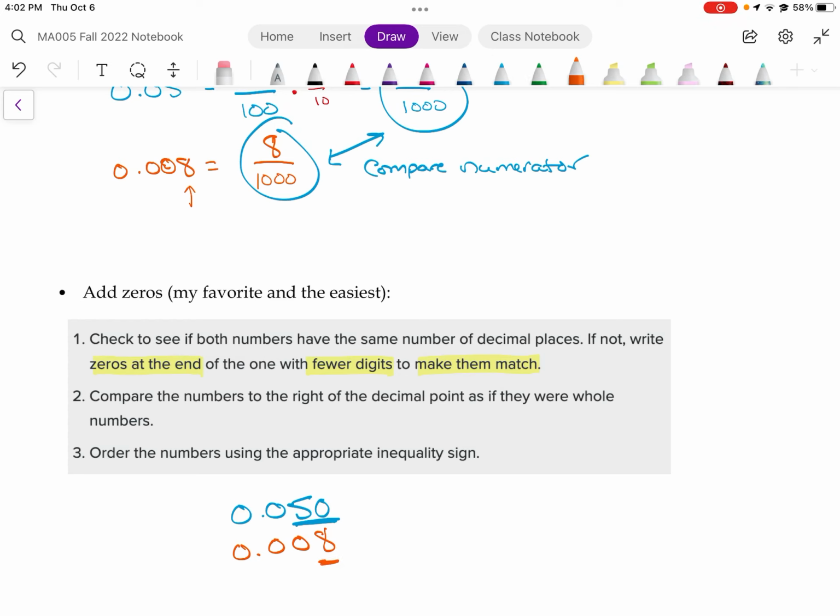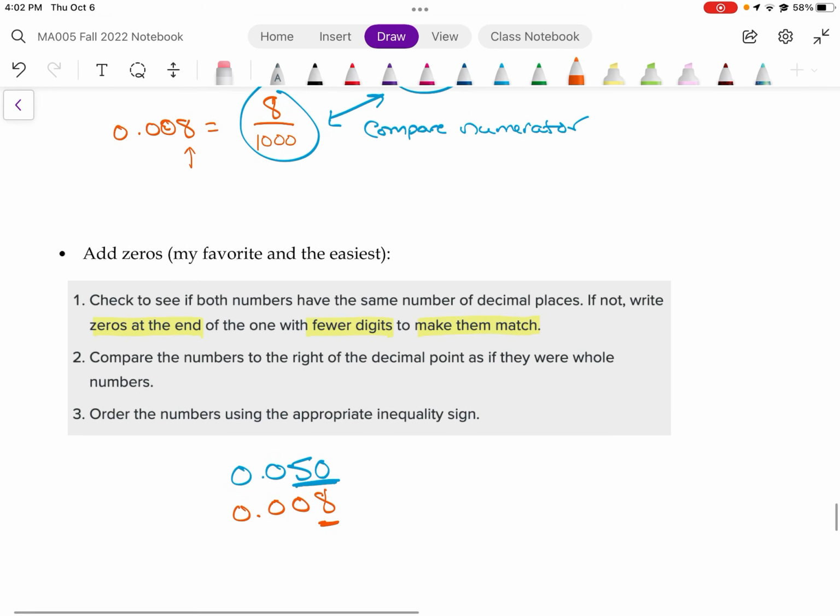Well, this one just looks like 8. They both go to the same place value now. Okay, so 50 compared to 8. So you would say again, the blue one is greater than. All right, so our final answer is that 0.05 is greater than 0.008. Any way you do it, it should make sense.